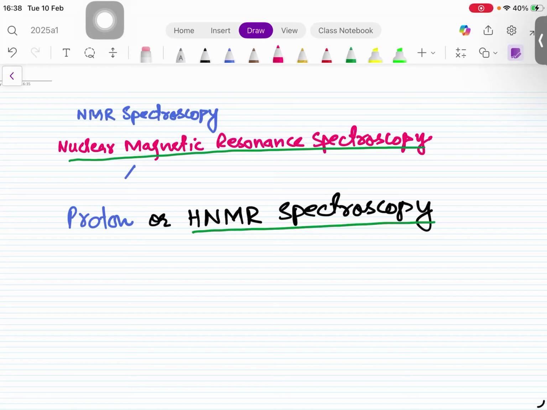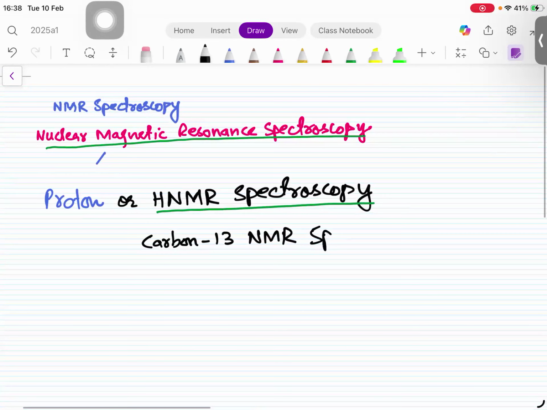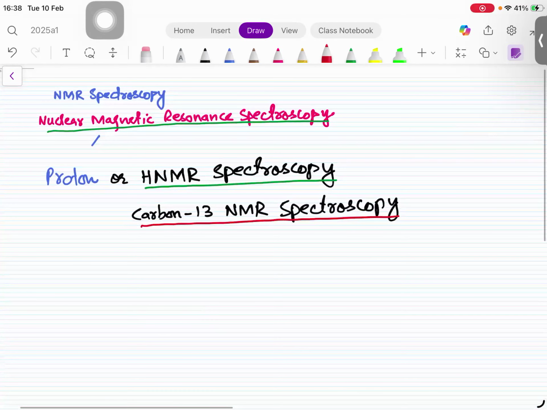Or number two is carbon-13 NMR. Proton NMR or carbon-13 NMR.